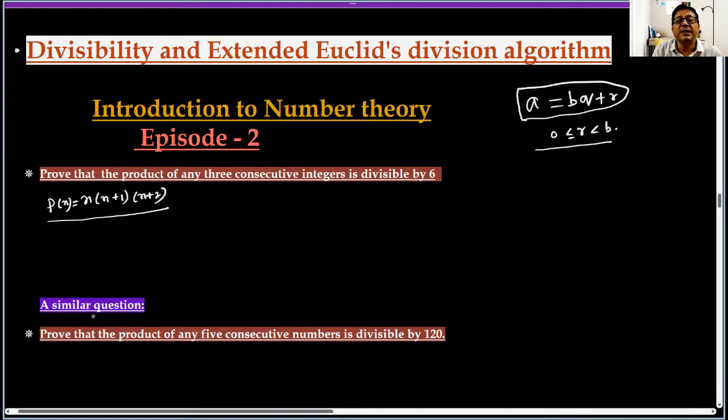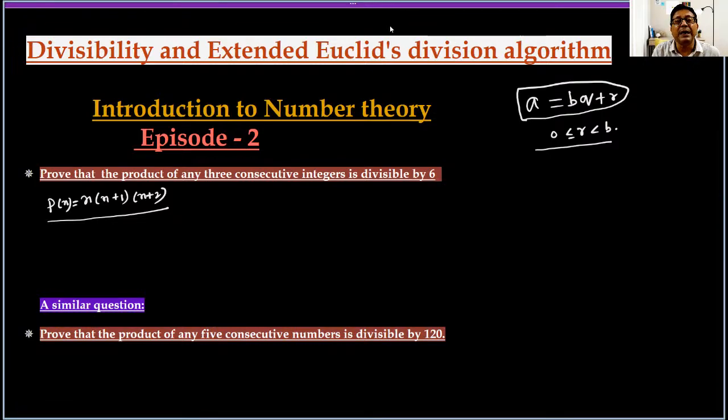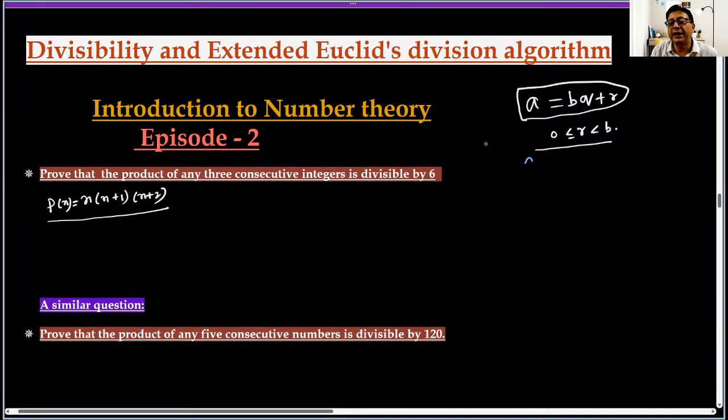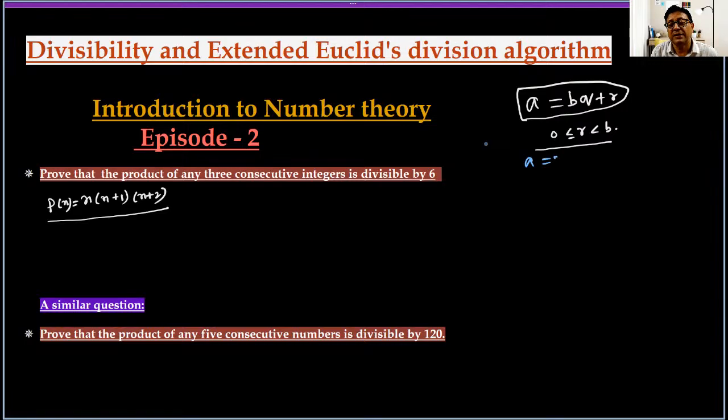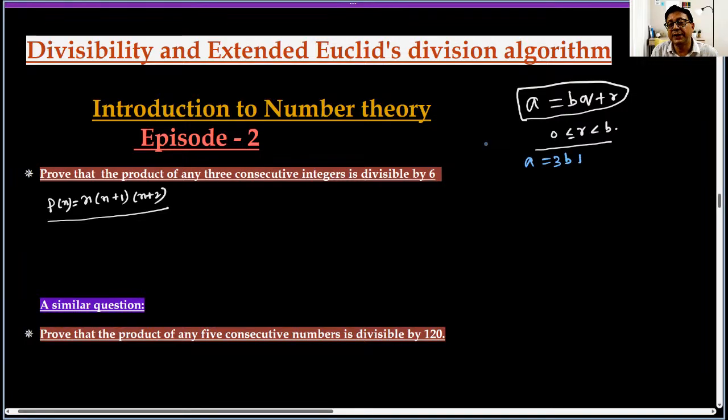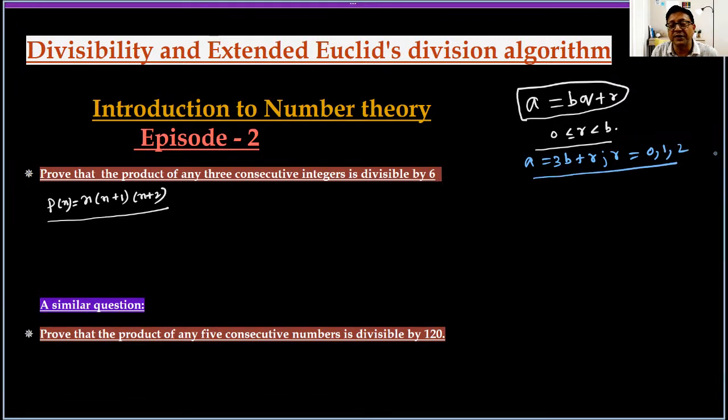When you are considering divisibility by 3, then a equal to what? a equal to 3b plus r, and the value of r equal to 0, 1 or 2. This you know very well.